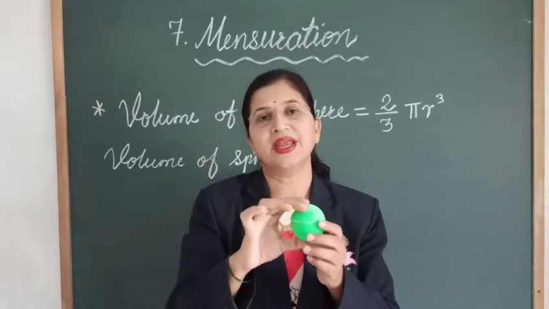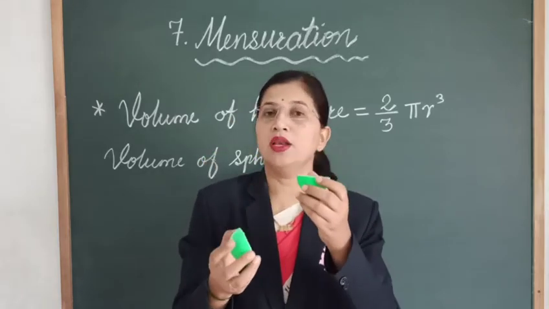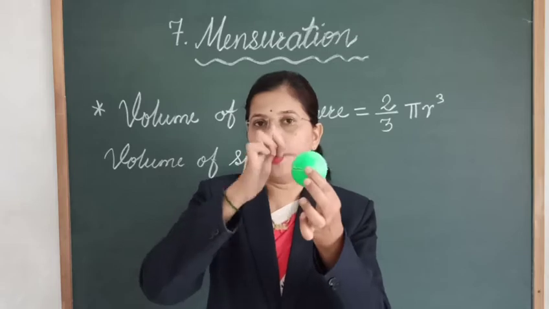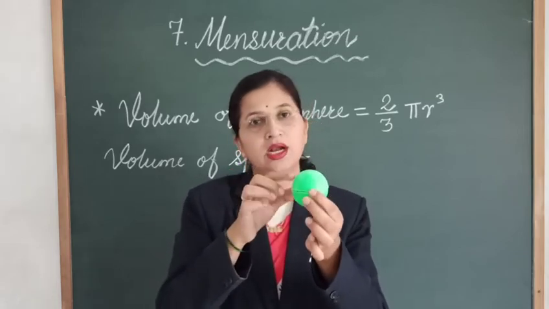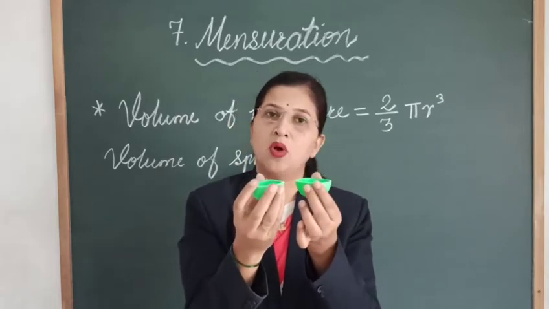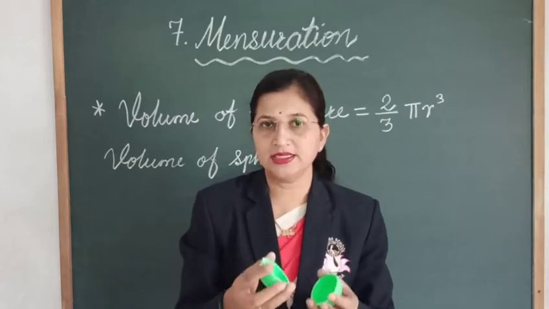So from this we can conclude that the volume of a sphere is equal to 2 times the volume of a hemisphere.